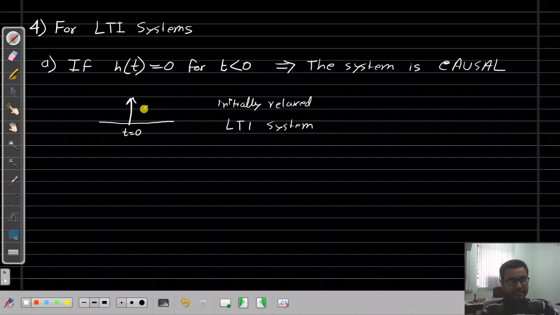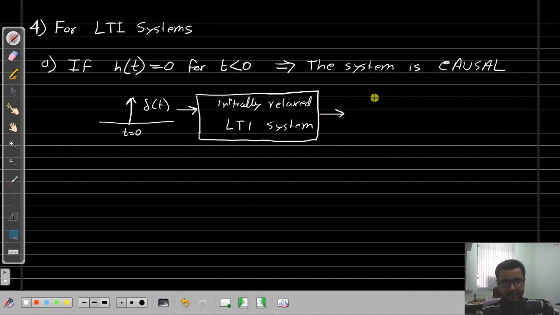This is δ(t) which goes as the input, and what comes out is h(t). Now suppose h(t) looks like this. So it is non-zero before time 0.